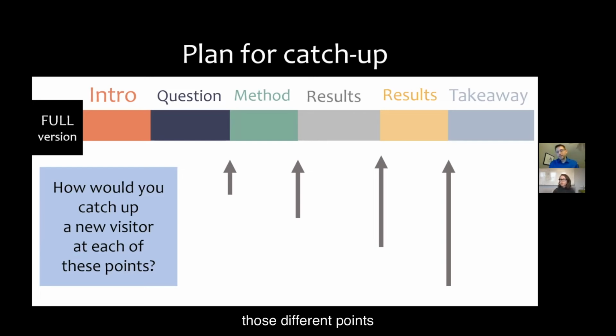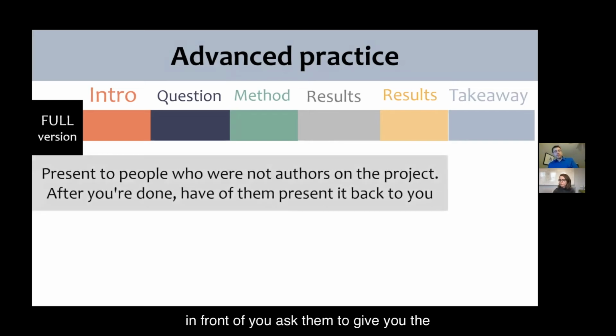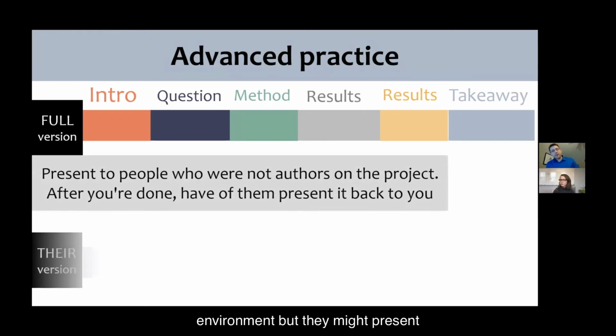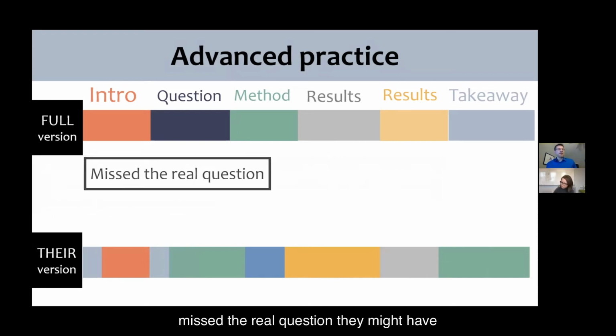While I have this diagram on the screen, if you were to present this poster to your lab or someone who's not working on your project, you present it, and then with the poster in front of you, ask them to give you the poster, right? And so just make sure this is a low stakes environment, but they might present something that has something in common with what you did, but you might find that they missed the real question.